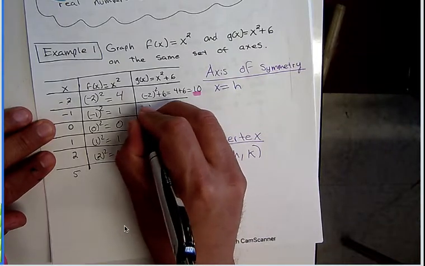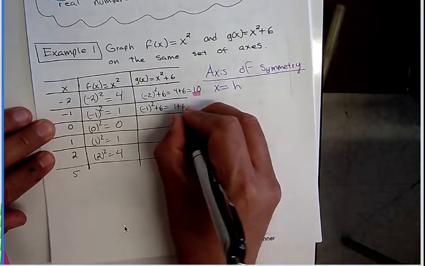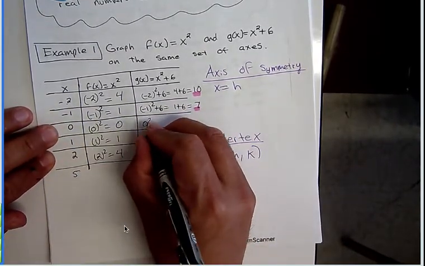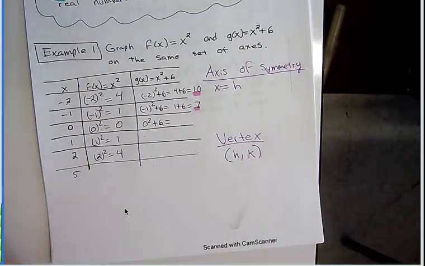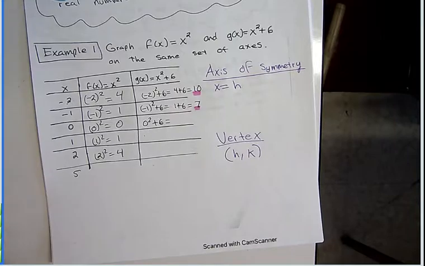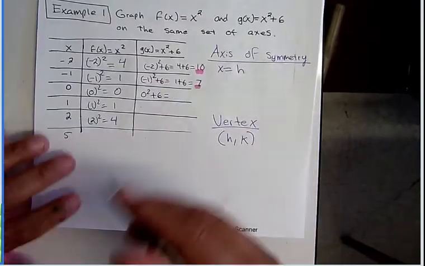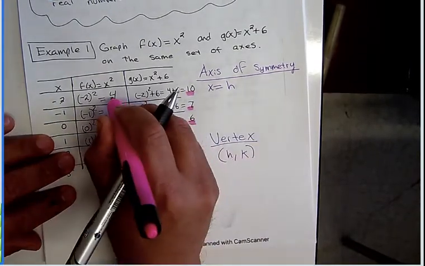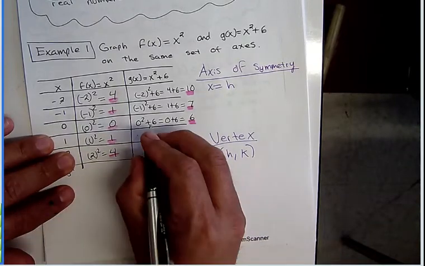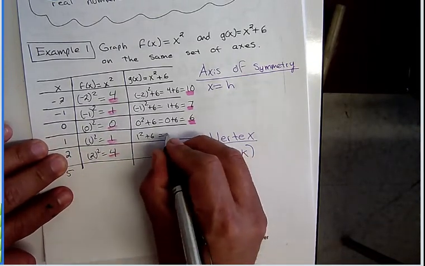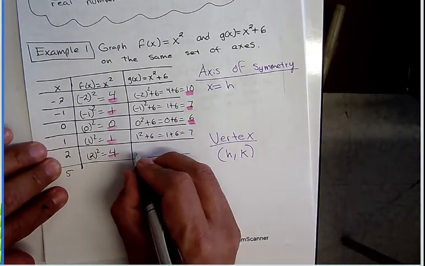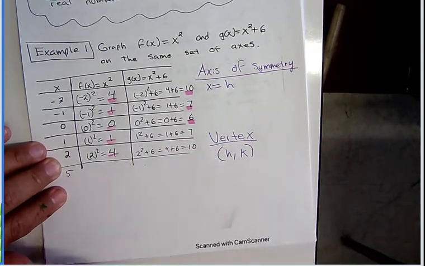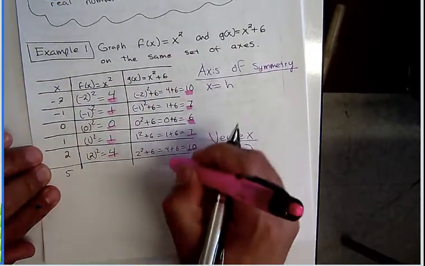Then -1 squared plus 6 is 1 plus 6, which gives 7. 0 squared plus 6 is 0 plus 6, which gives 6. Then 1 squared plus 6 again is 7, and 2 squared plus 6 again is 10. So we substituted these x's, and these are the y's that we got.